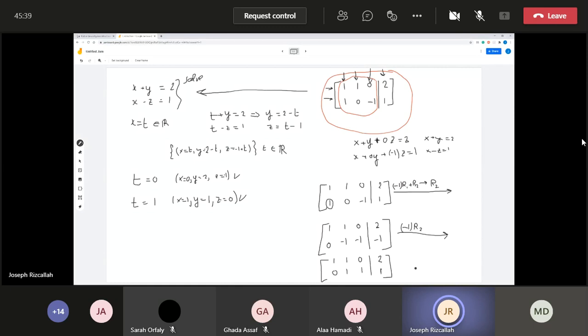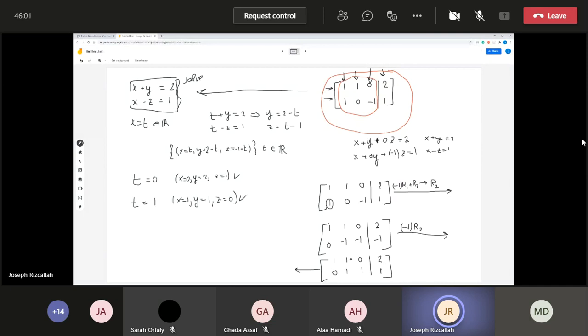Now you see my system. We started with this system, and this was its augmented matrix. Now we have transformed the augmented matrix into this new form. What system do we get from it, from this augmented matrix? Let's try now to rewrite the system.